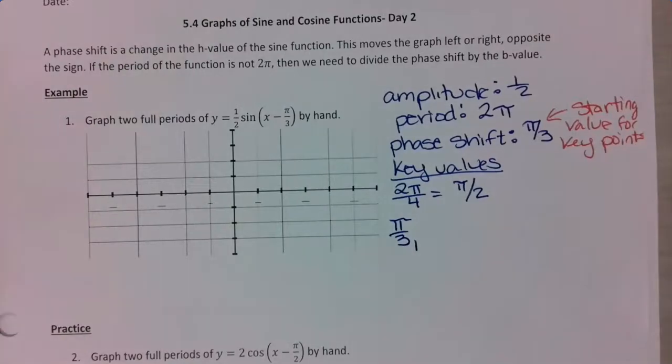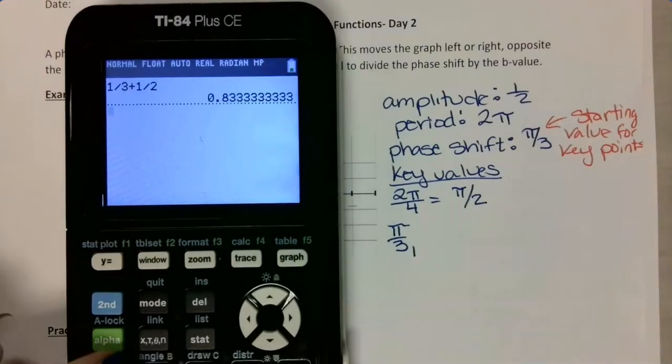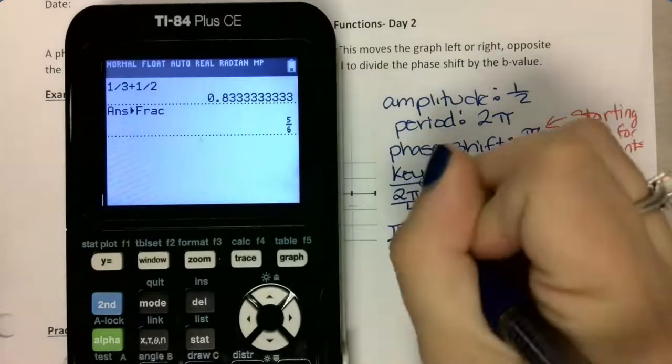What is pi thirds plus pi halves? If I don't remember, I can get rid of the pi's, and on my calculator I can type 1/3 plus 1/2. And then I turn it back into a fraction, which is 5 pi 6.